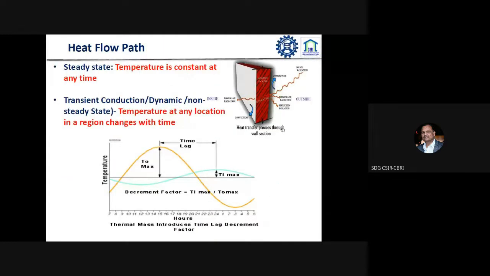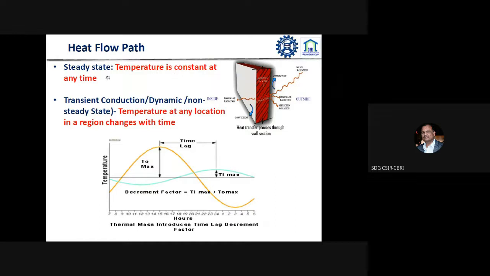But the major heat comes through conduction, and it is not a steady state; it is an unsteady state heat flow through the building envelope.